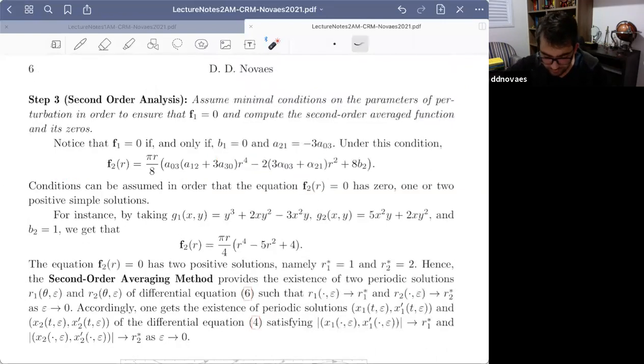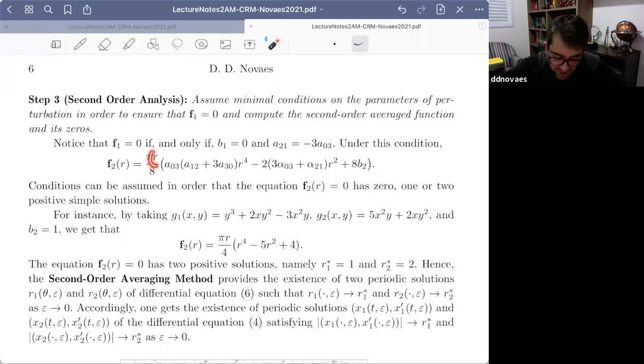Okay, so assuming these constraints, we compute the second order average function, and it is given by this expression, which is a polynomial.